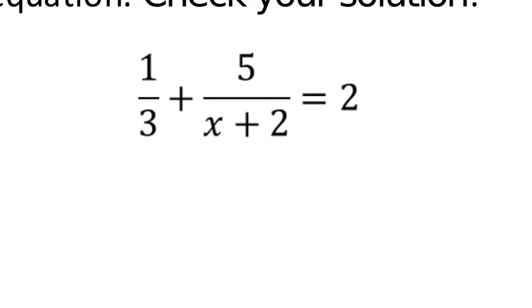All right, so remember anytime you have whole numbers, you want to put a 1 in the denominator to make it a fraction.